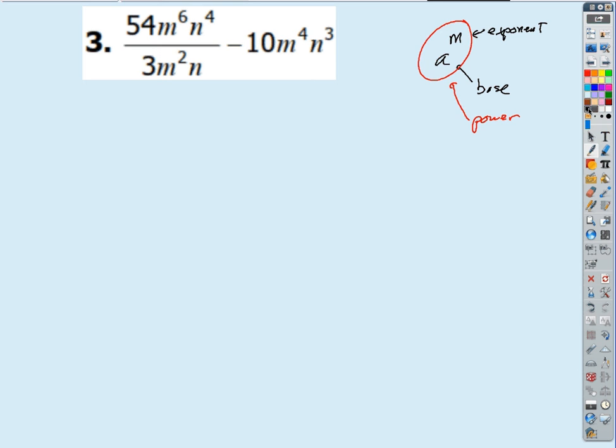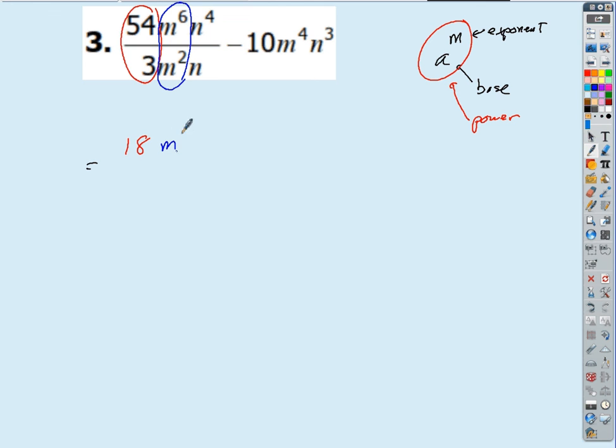Okay, so this part right here becomes an 18 on the top, right? Okay, what about if I divide these like bases? Let's take this part. Would it be 4? Okay, so that's the same as m to the 4, right? Yeah.